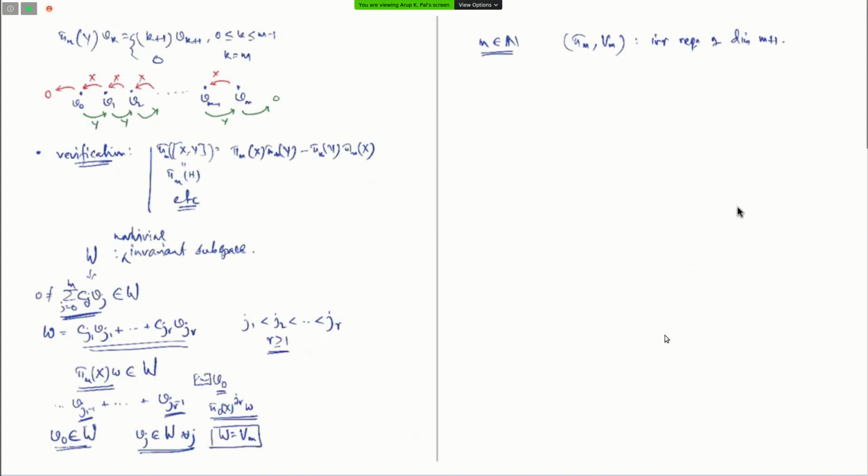So for that first, let's do the following. So suppose pi is a representation of SL2C on V, and let's say v is an eigenvector of pi h with eigenvalue lambda.